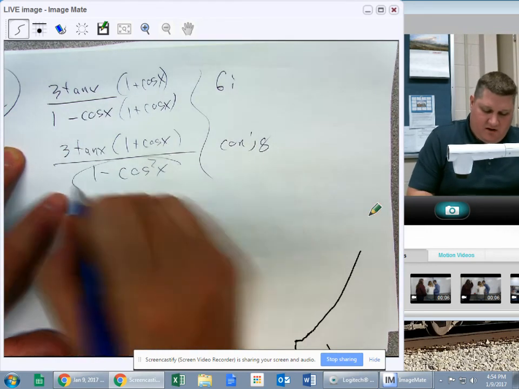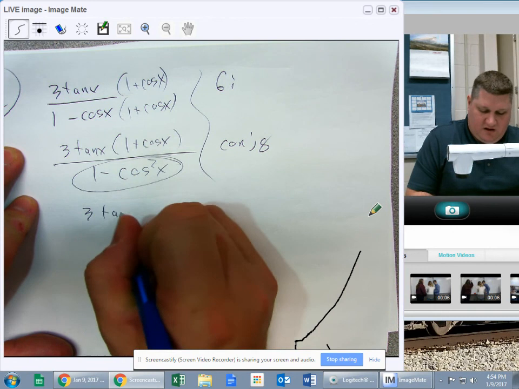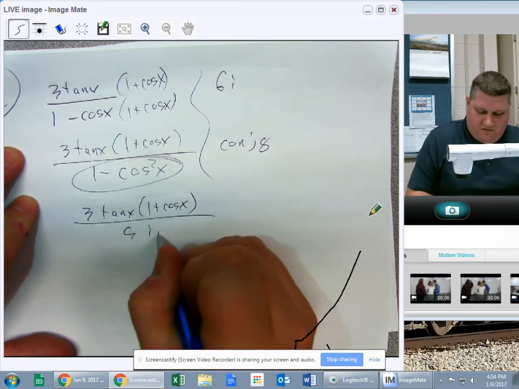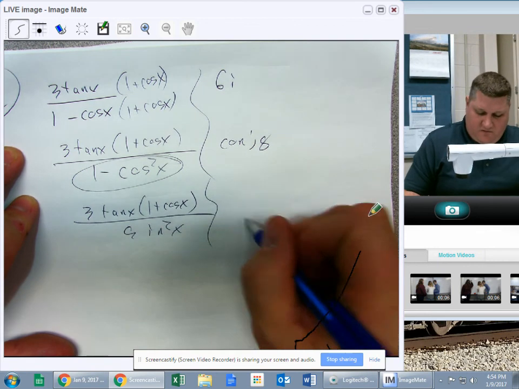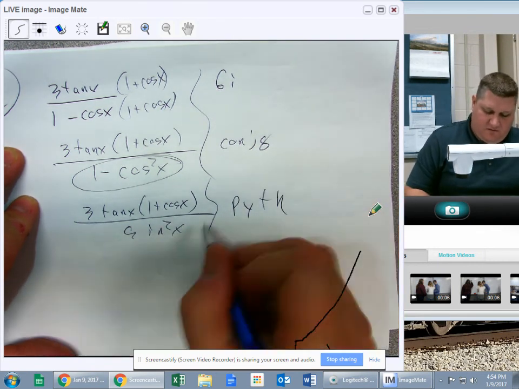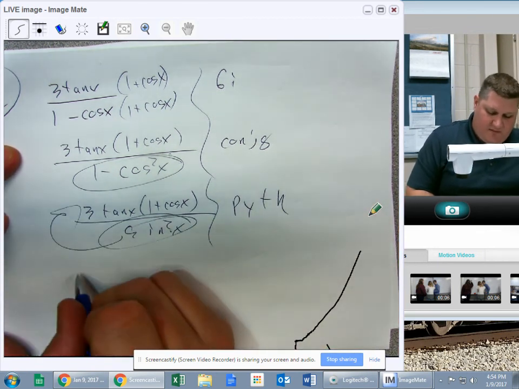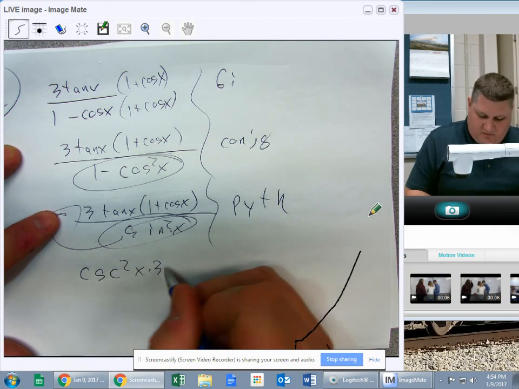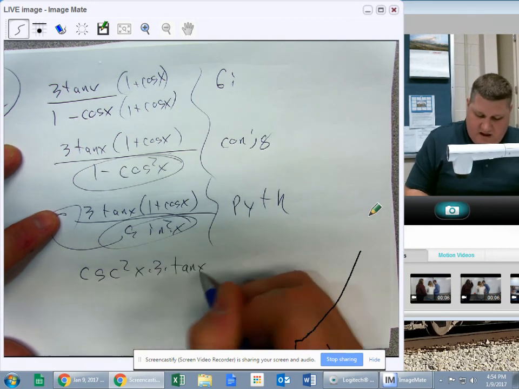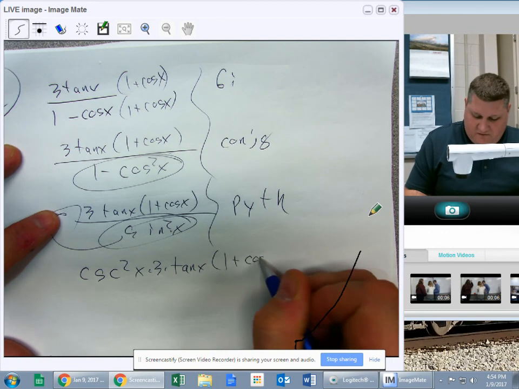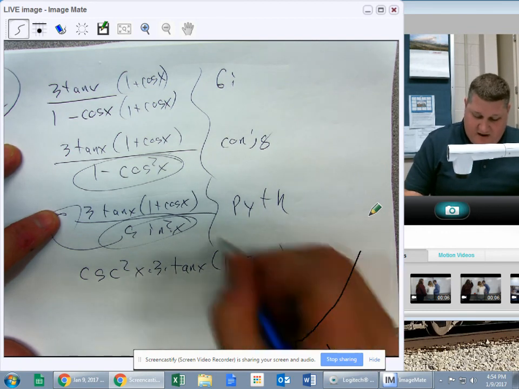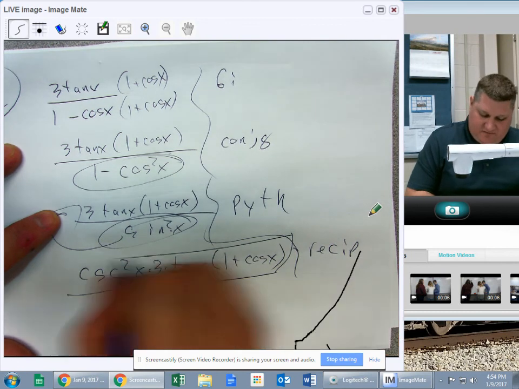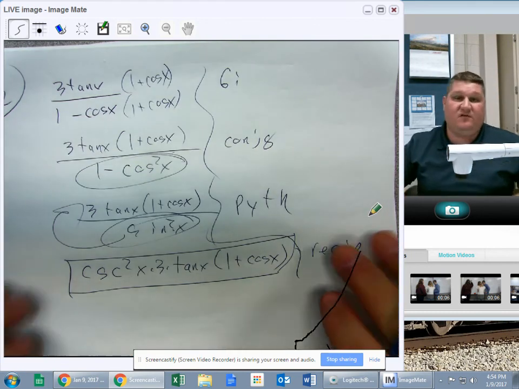And in this case, 1 minus cosine squared is sine squared, so 3 tan x, parentheses 1 plus cosine x over sine squared x. And so that's by Pythagorean theorem. And so then this can go up top as a cosecant squared x, 3 times tan x times 1 plus cosine x. And that is by reciprocal. And that is nasty, but there are no fractions in it, so it is a win.